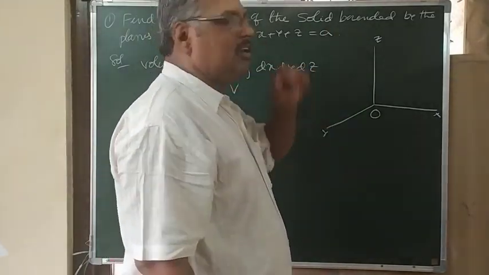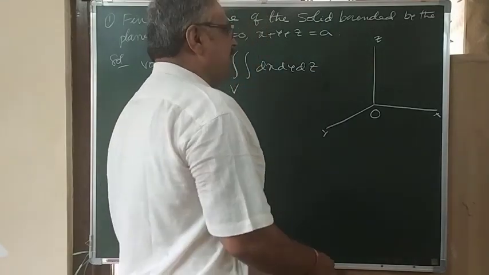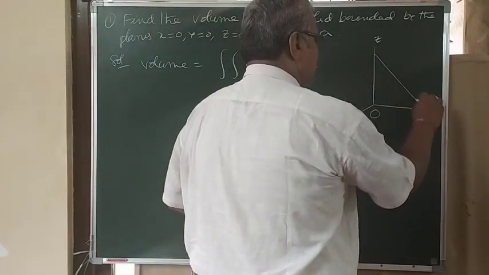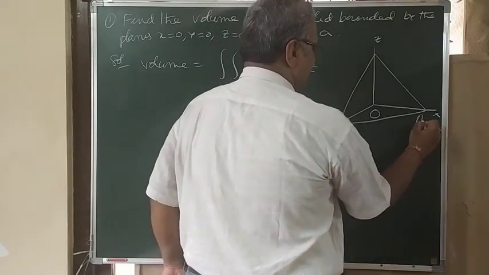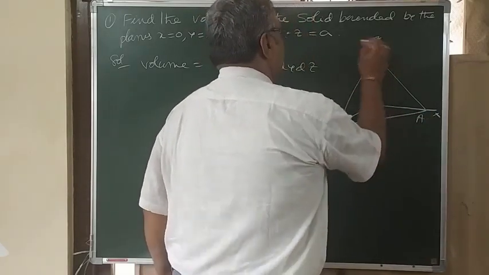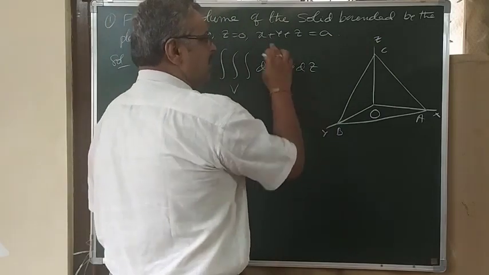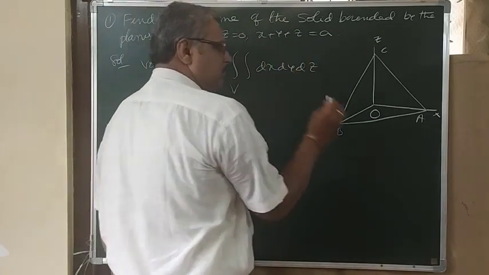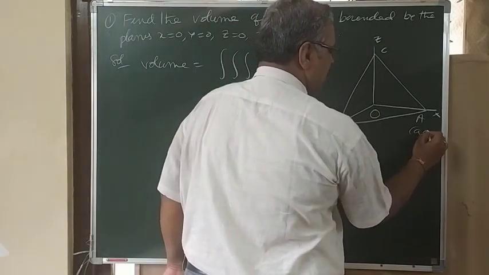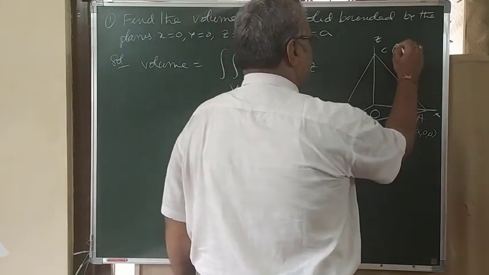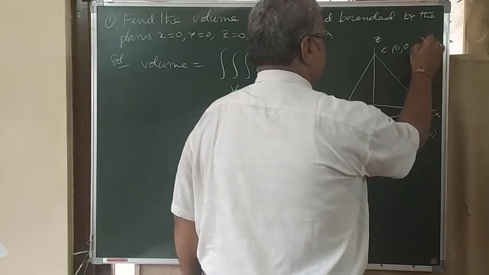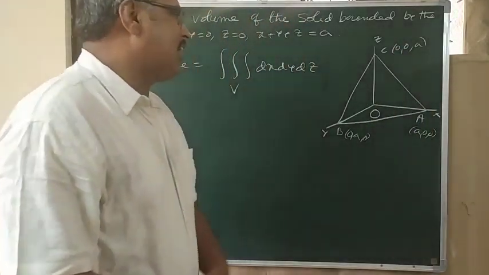And x plus y plus z equals a is a plane which intersects the three coordinate axes, so x by a plus y by a plus z by a equals 1. Whose intercepts are (a, 0, 0), (0, a, 0), (0, 0, a). Now this is the tetrahedron.